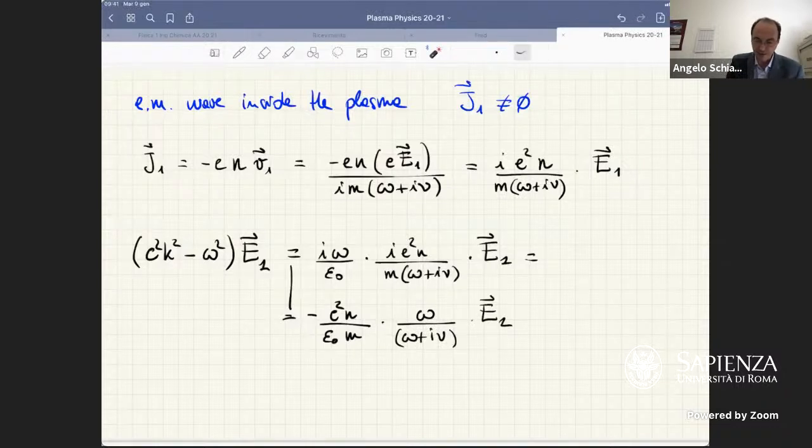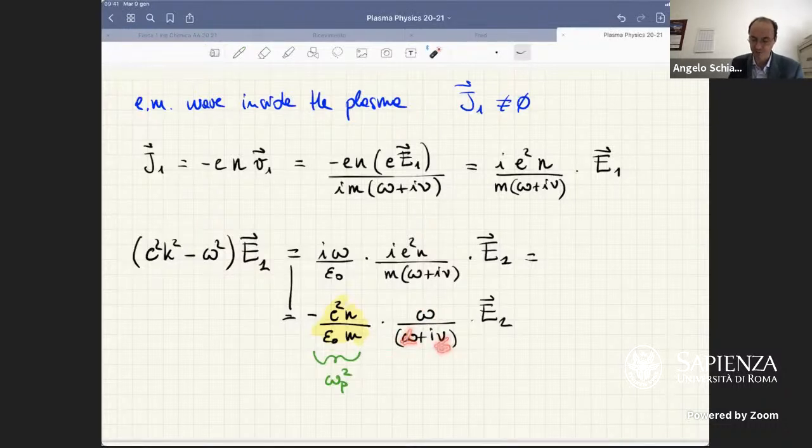Let's have a look at this term here. You see that this actually is the plasma frequency for the electrons. So we found again our friend, the square of the plasma frequency for the electrons. And we can bring this omega to the denominator. So we have 1 plus i nu over omega.